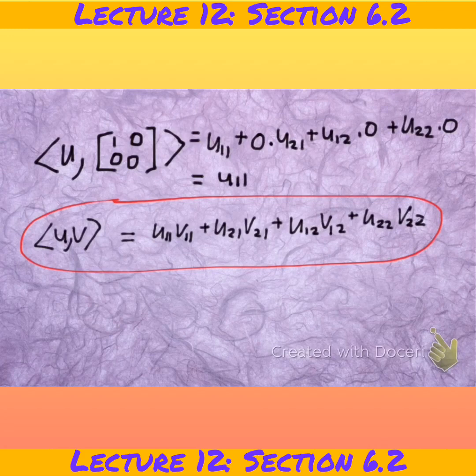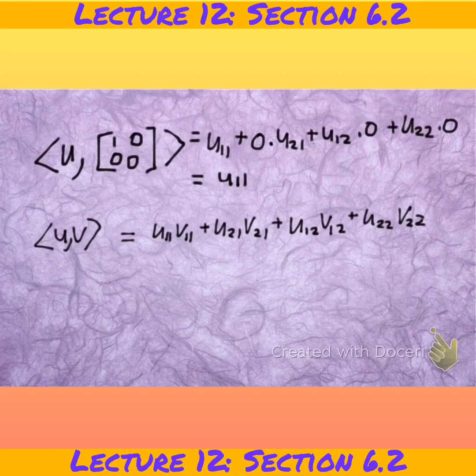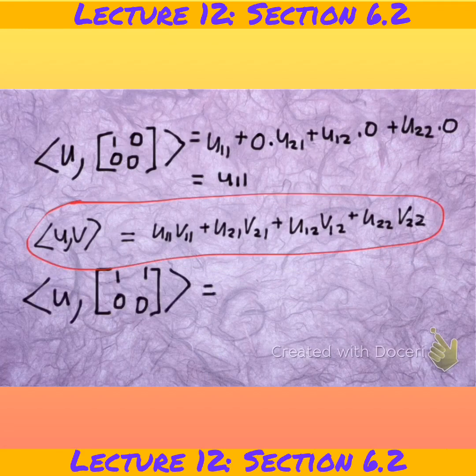Now we've got one other basis vector to consider. So there's my second basis vector, and what is that going to look like? That's going to be equal to that, because what is v11? v11 is 1. What is v21? v21 is 0.